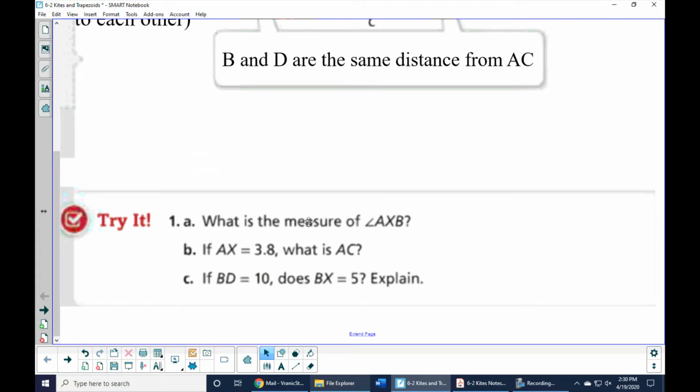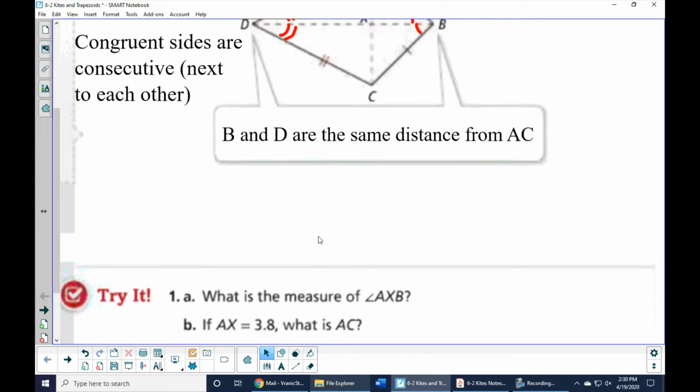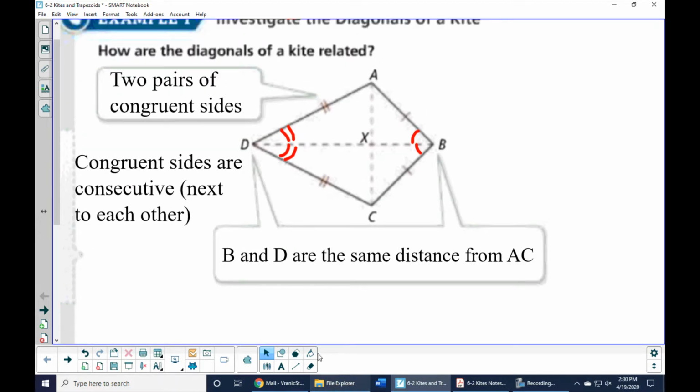Now we're going to do a couple of questions. It says, what is the measure of angle AXB? Well, that kind of leads us to our next thing. If you follow those letters, what you can see is that looks really close to being one of these special types of angles.